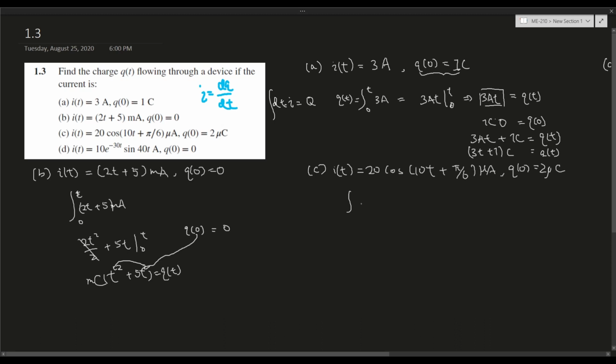So take the integral of this expression over here, 10t plus this, in microamperes from 0 to t. Okay, now we take the integral as well.